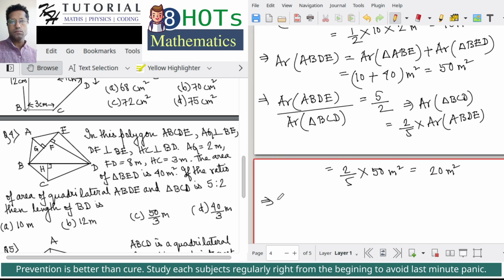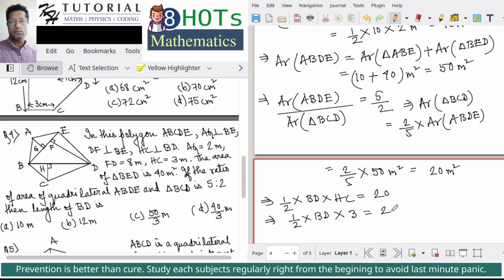Now we also know that the area of triangle BCD is half multiplied by the base BD multiplied by HC, which is equal to 20. So half multiplied by BD multiplied by HC, which is given to be 3 meter.